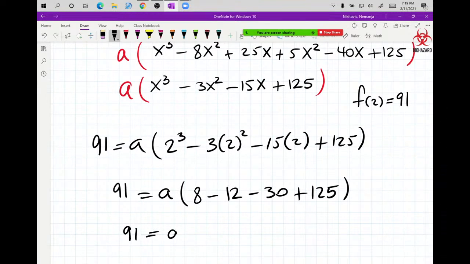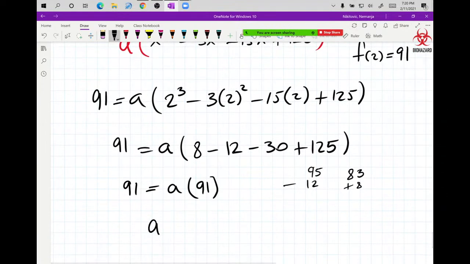So minus 30, that's 95, right? And then take away 12, that's going to be 83. And then plus 8, oh, that's 91. So A actually is 1.